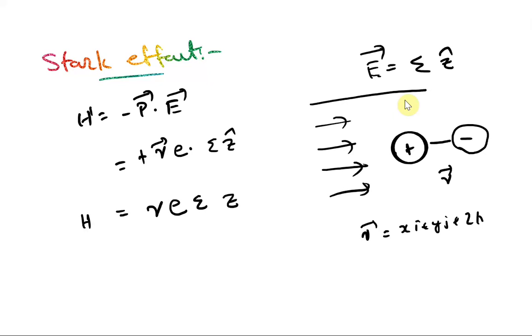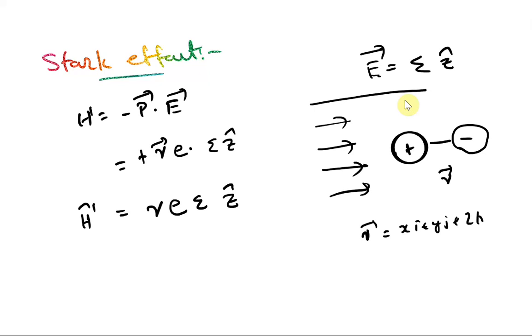So this is our H prime, as it is an operator here. These three things are numbers, and this z will act as an operator in the operator form. So this is going to be your perturbation component H prime.